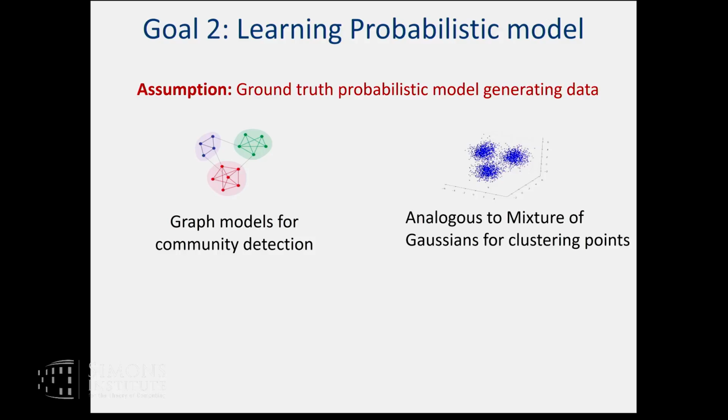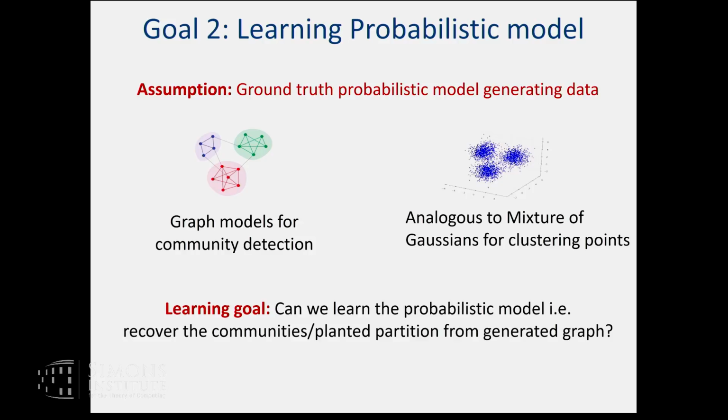Or for graph partitioning, when you have communities in networks, you assume that the graph is generated by a nice probabilistic model. In this case, the goal is to actually learn the model. So it's not necessarily to find a partition of small cost. Here the goal is to learn the individual communities and the generative model that produced the graph, with high probability. So these are two different goals.